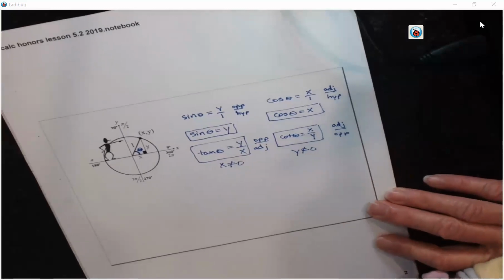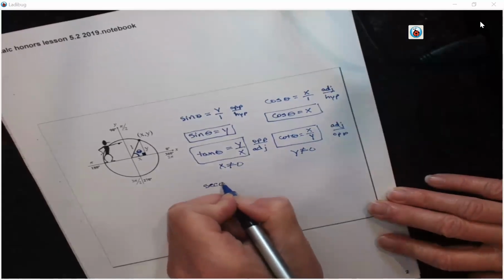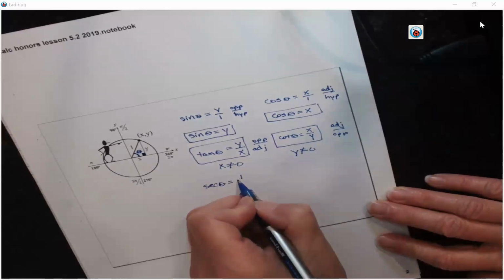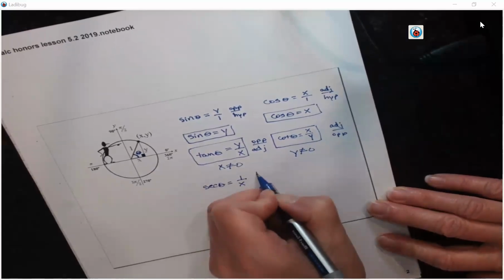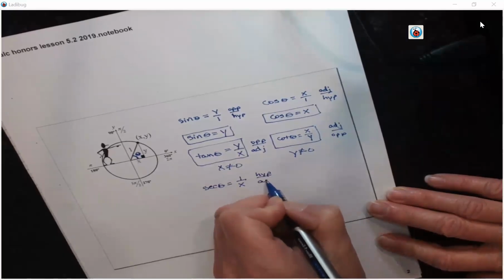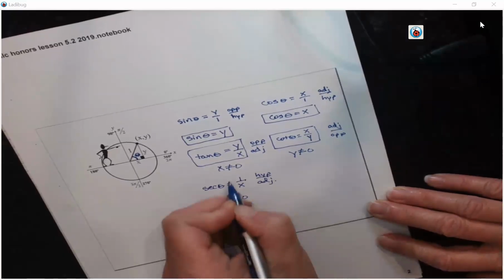The reciprocal of the cosine of theta is the secant of theta. So the secant of theta is going to be 1 over x. That's the ratio of the hypotenuse to the side adjacent, and it requires x to not be 0.